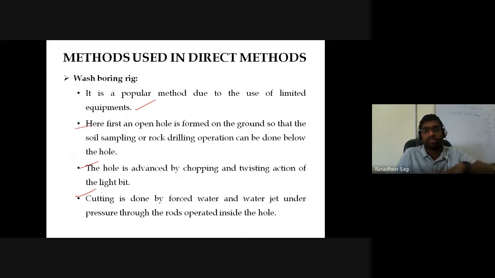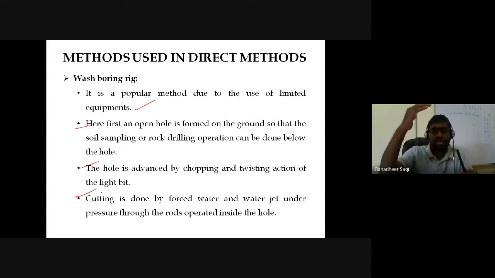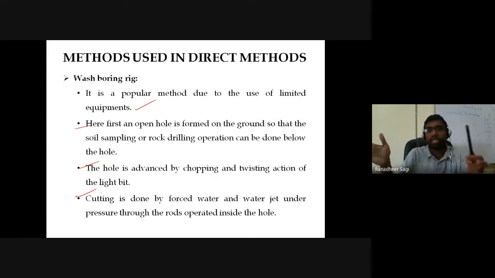The soil is becoming weak, and because of the rotation of the chopping bit, the soil there is easily getting sheared off, and those soil particles are getting mixed with the water. That soil slurry is traveling to the ground and subsequently getting deposited at a particular pit which is dug for the purpose of storing that soil slurry.